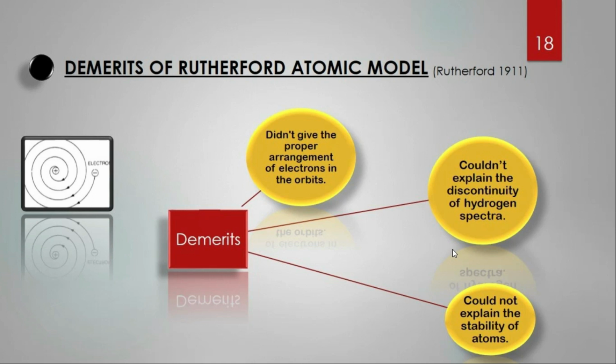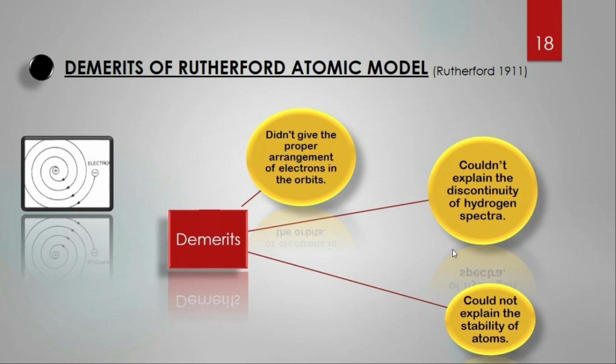According to Rutherford's atomic model, the electron is revolving around the nucleus in circular orbits, and we know from classical mechanics that when a particle is revolving around a point, it is going along a curved path, and whenever a particle is going around a curved path, it has an acceleration. So the electrons in Rutherford's atomic model must have acceleration, and so the electron must be radiating or emitting electromagnetic energy.